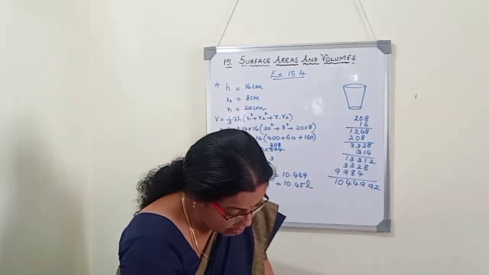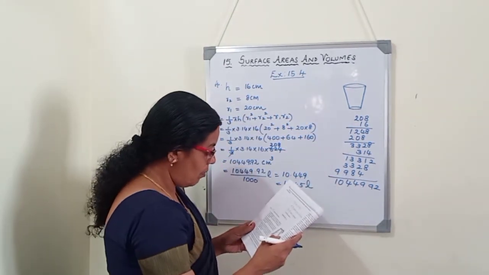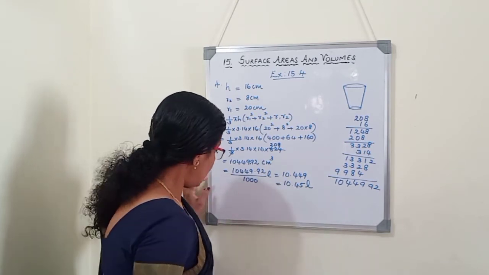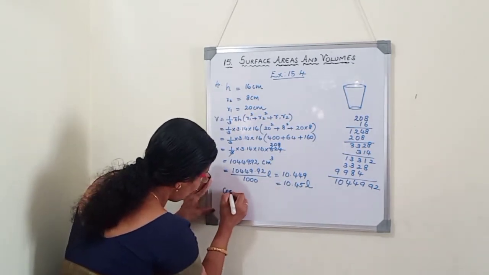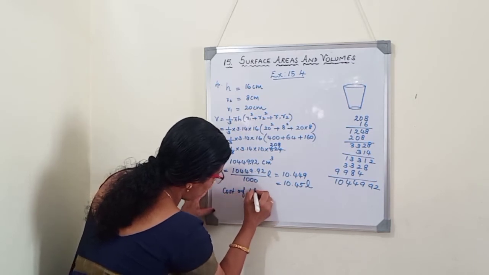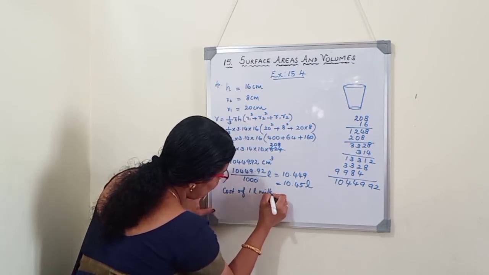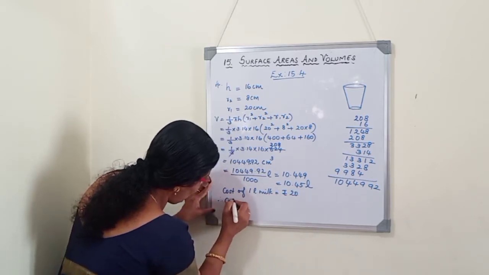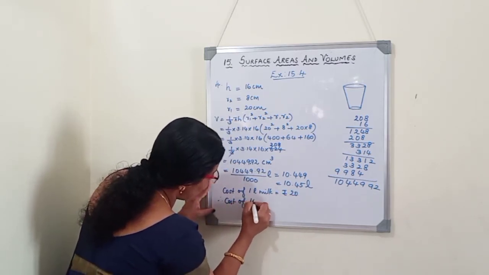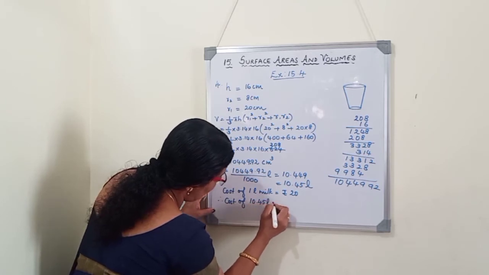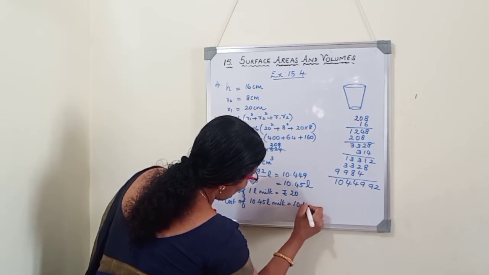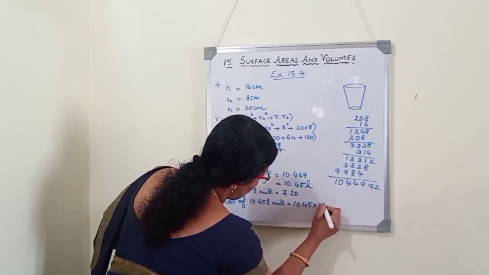Now they have told to find the cost of the milk which can completely fill the container at the rate of rupees 20 per liter. So the cost of 1 liter milk is 20 rupees. Therefore, cost of 10.45 liter milk equals 10.45 into 20.